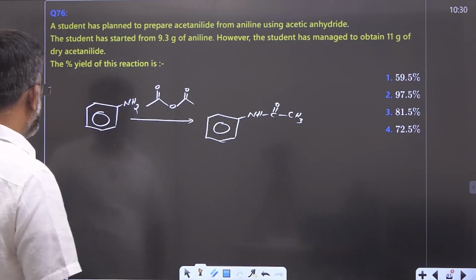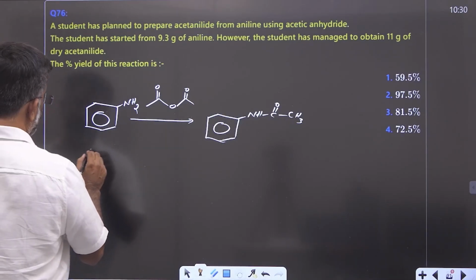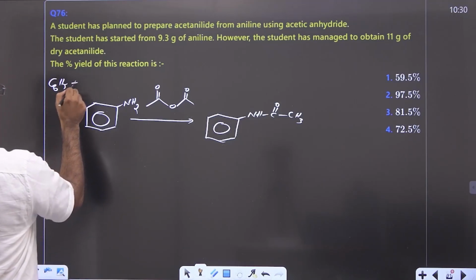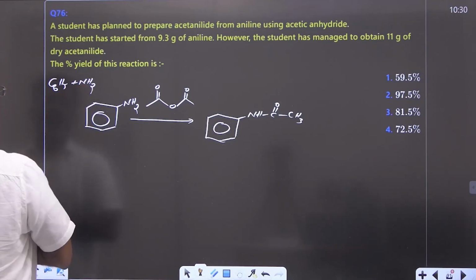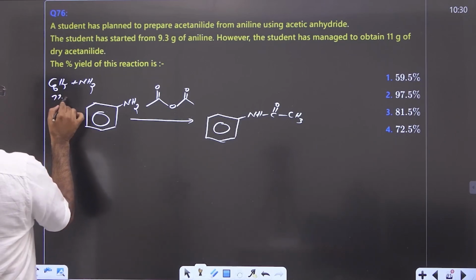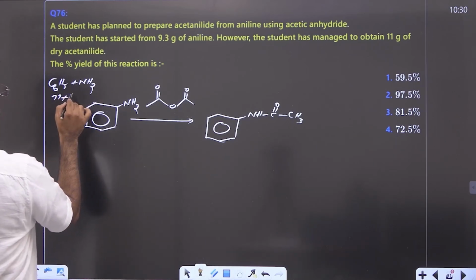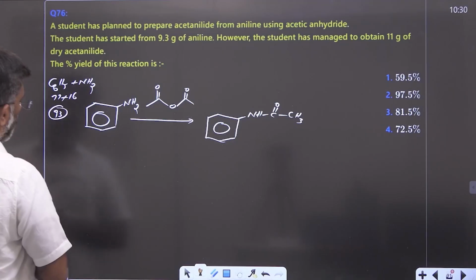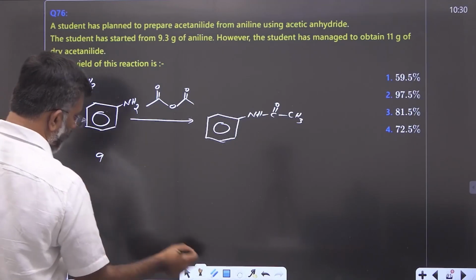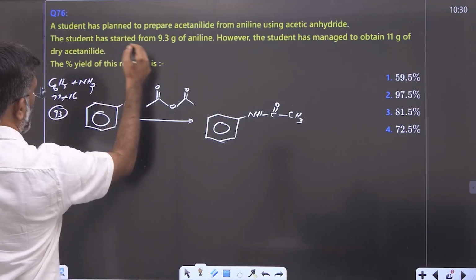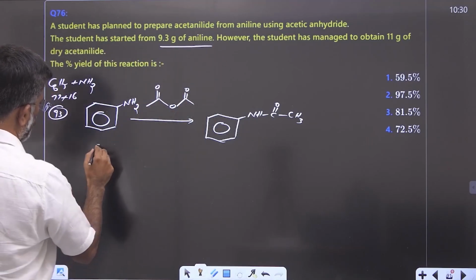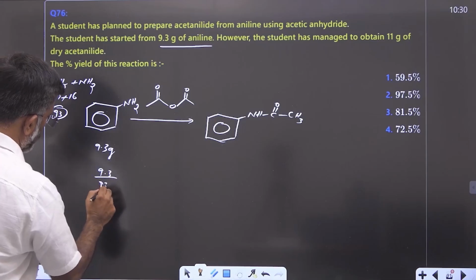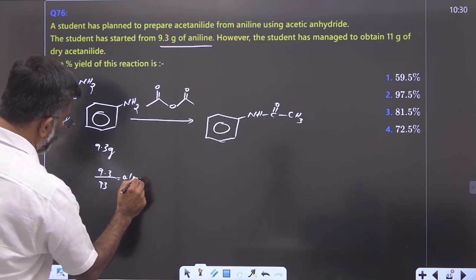Molar mass of aniline, C6H5 plus NH2, 77 plus 16, so it is 93. That is the molar mass of aniline. You are taking 9.3 gram of aniline, so 9.3 by 93, 0.1 mole.